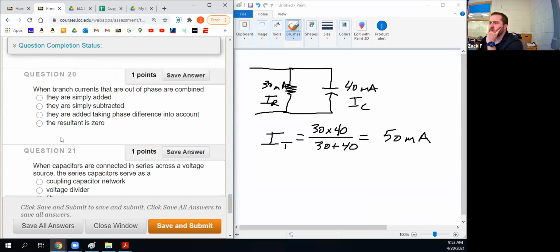When branch currents that are out of phase are combined, branch currents, so we did an example over here, are they simply added? Are they simply subtracted? Are they added taking phase difference into account? Or is the resultant 0? Correct.